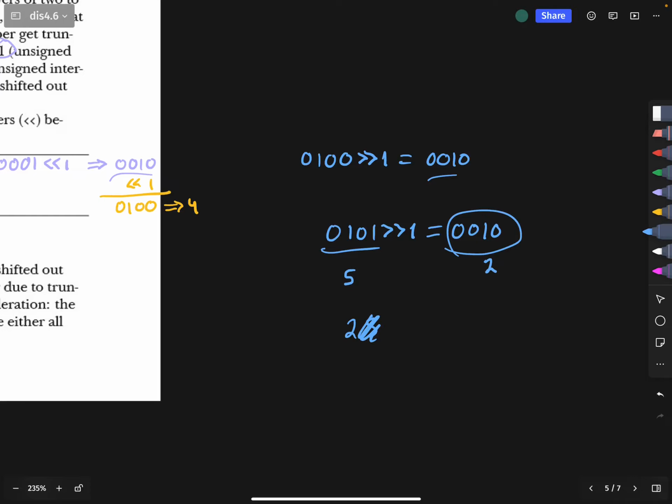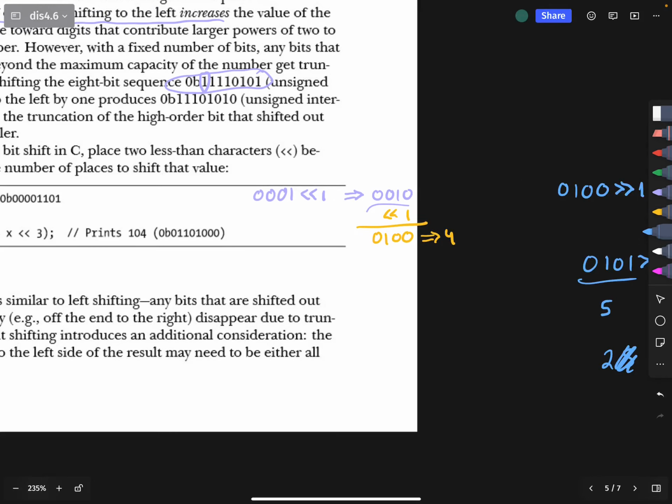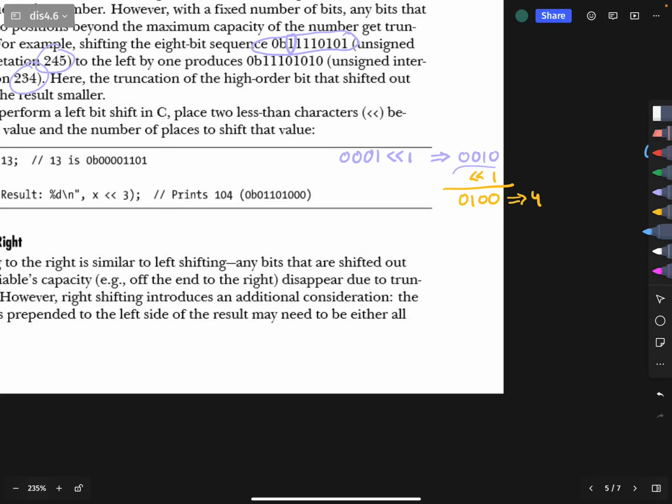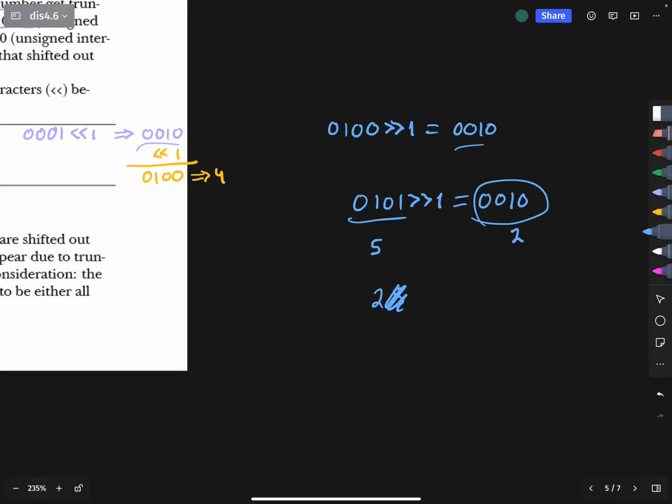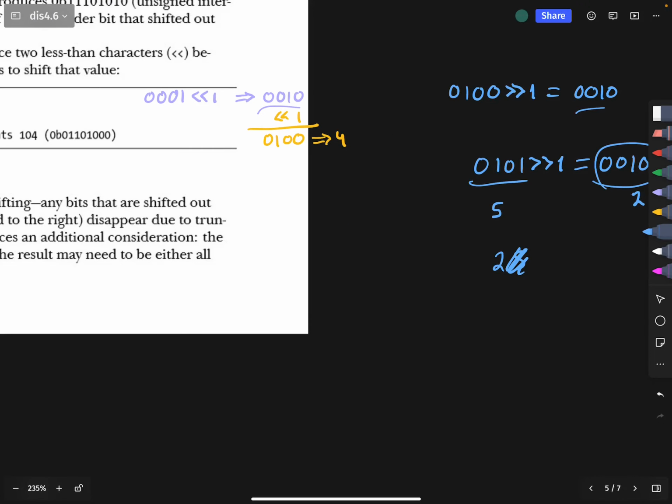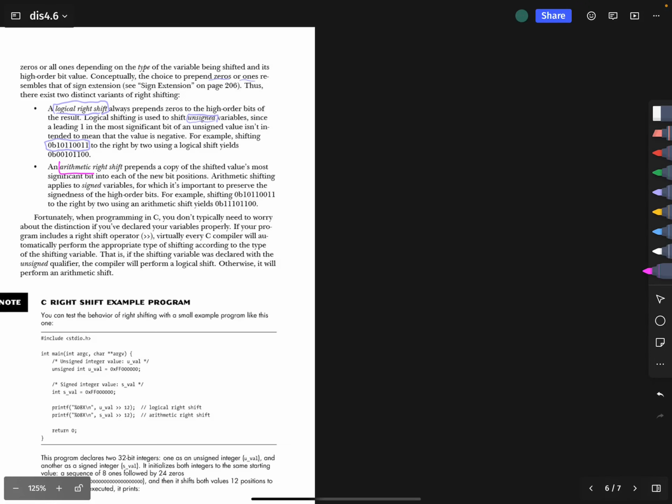So bit shifting to the left and right for unsigned integers is like multiplying and dividing by 2. And we'll see that, as long as we use the arithmetic shift, the same is true for 2's complement. This takes a copy of the shifted value's most significant digit. So let's see an example.